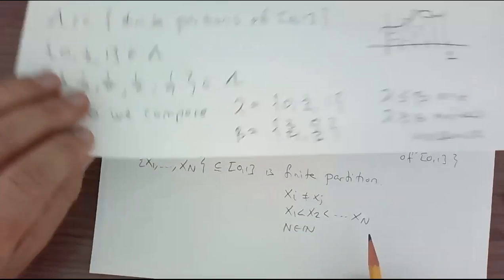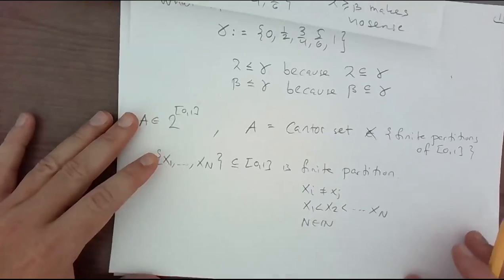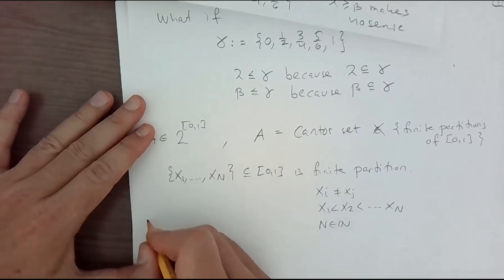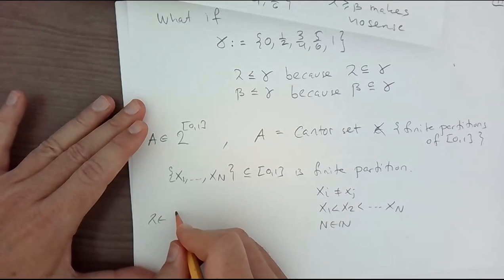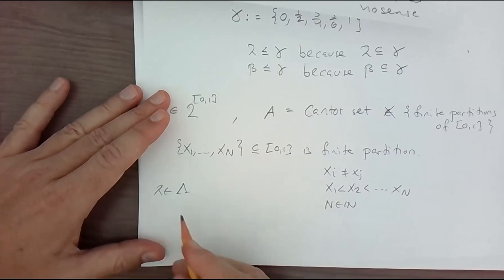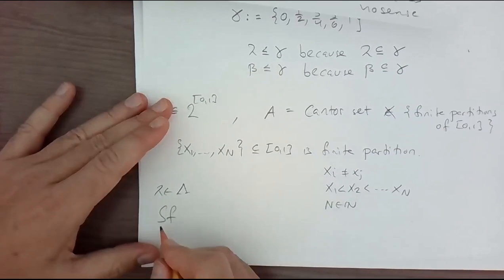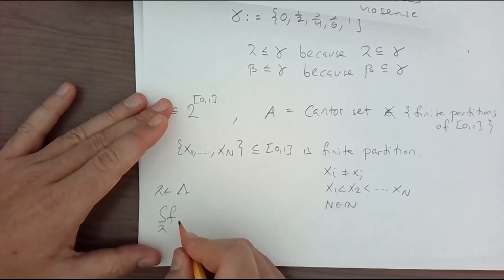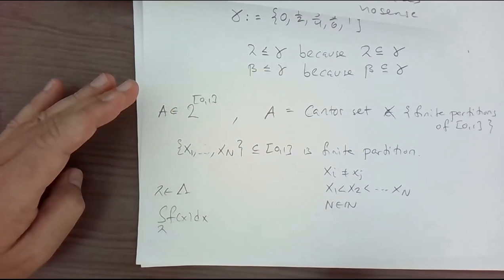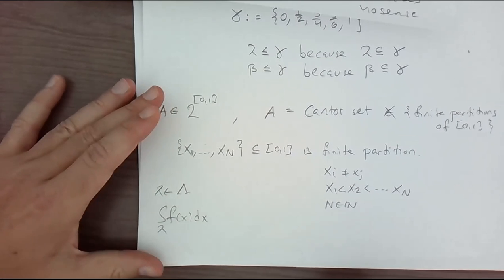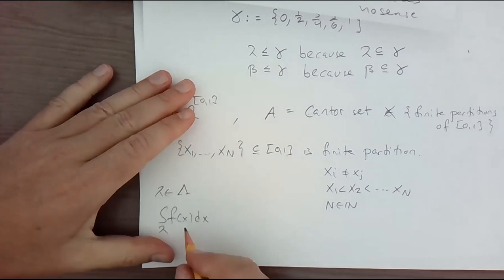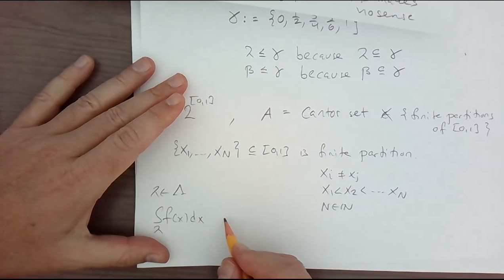And you can see how it really works well with integration, right? If I take a partition, so you take a lambda inside this partition, how would I think about an integral over lambda? Well, how would I do it? I could take a left endpoints approximation.